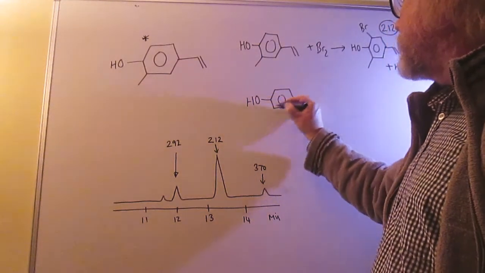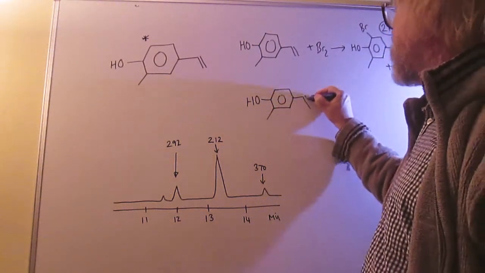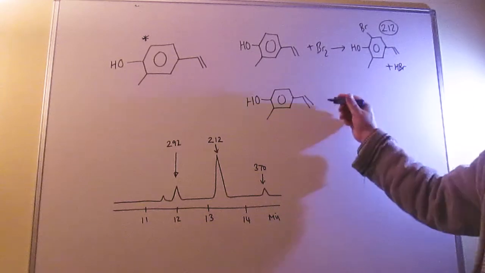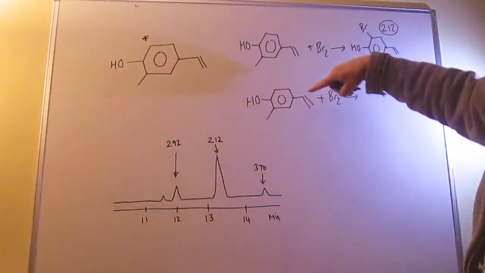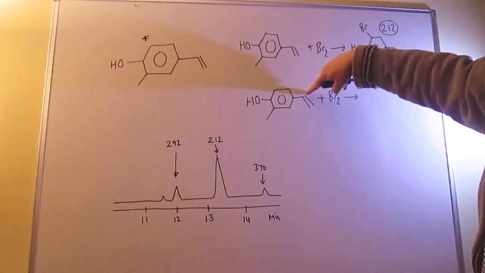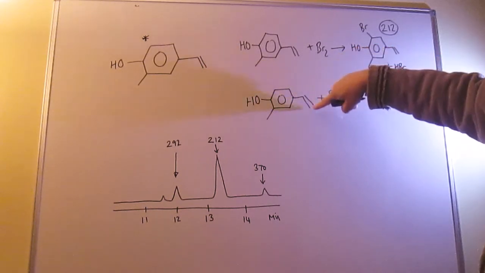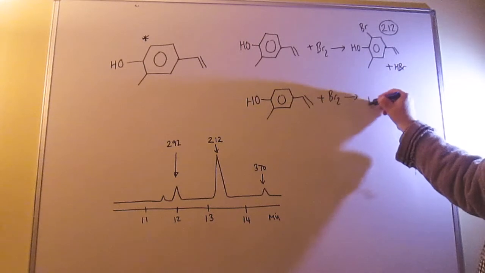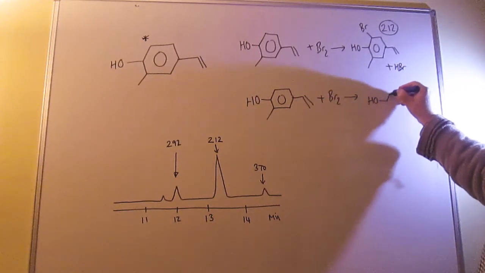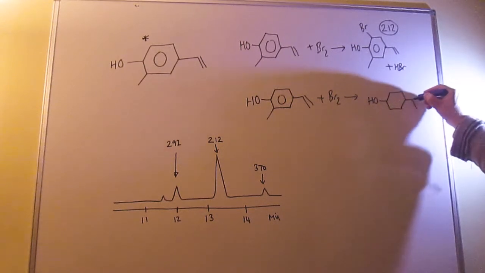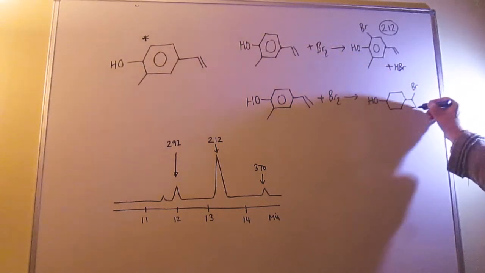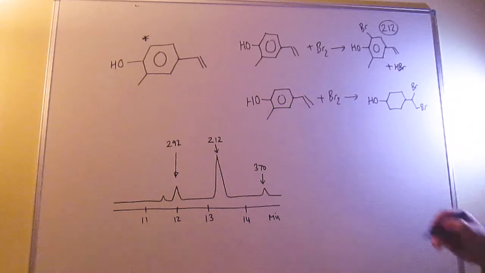So, same starting compound, but this time it's this group that's going to react. And all that happens, remember, with all alkene reactions is that the pi bond breaks and you just create two new sigma bonds, one at one end, one at the other end. So you'll just get one product because you're not substituting anything, and you're going to get one bromine there and one bromine there.